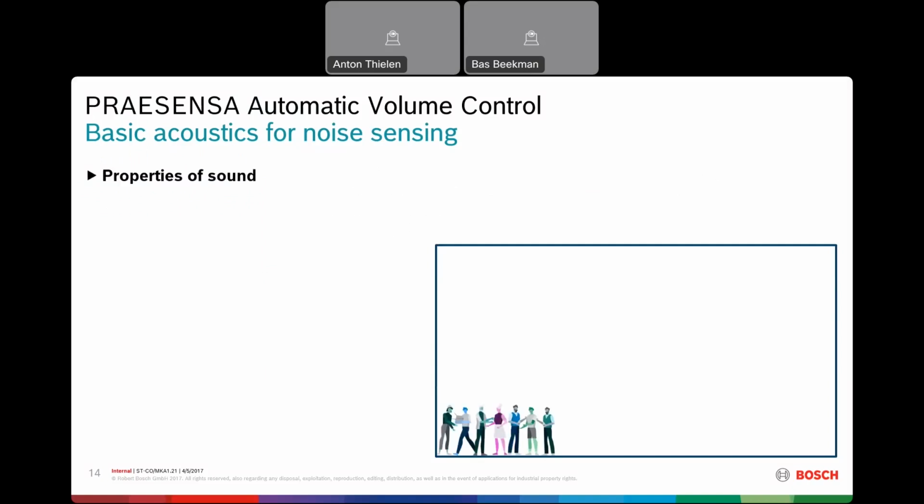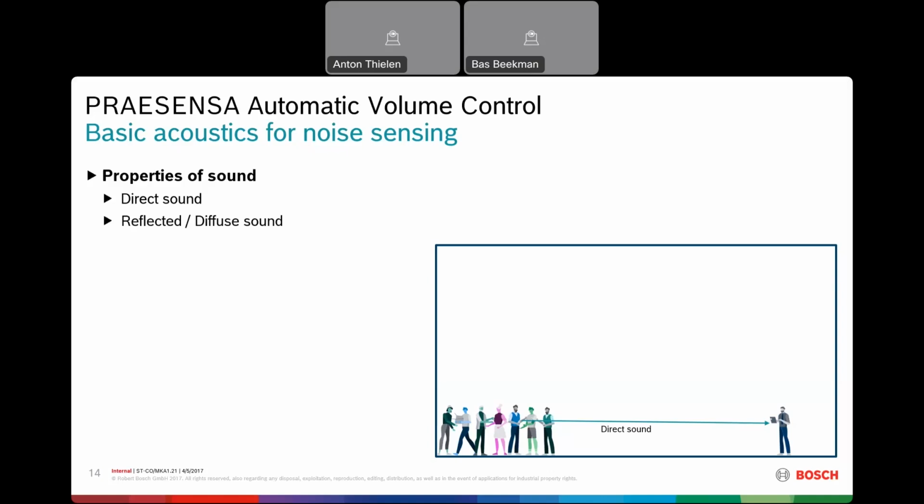So when you have a crowd somewhere in a room, for example, and you are listening at a distance, then you would hear direct sound which comes directly from this crowd and reaches you in person or your device, without any reflections or obstacles. That's what we call direct sound.